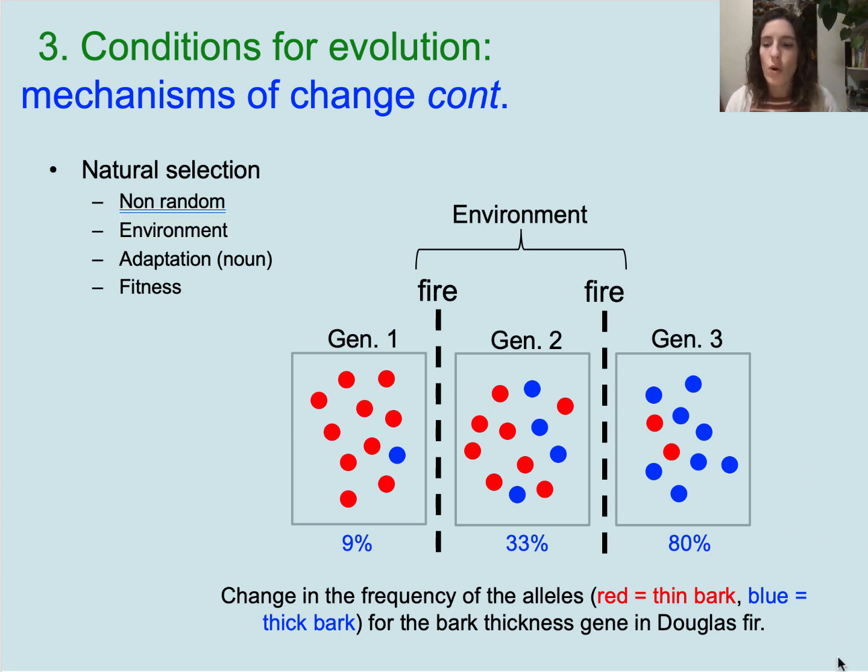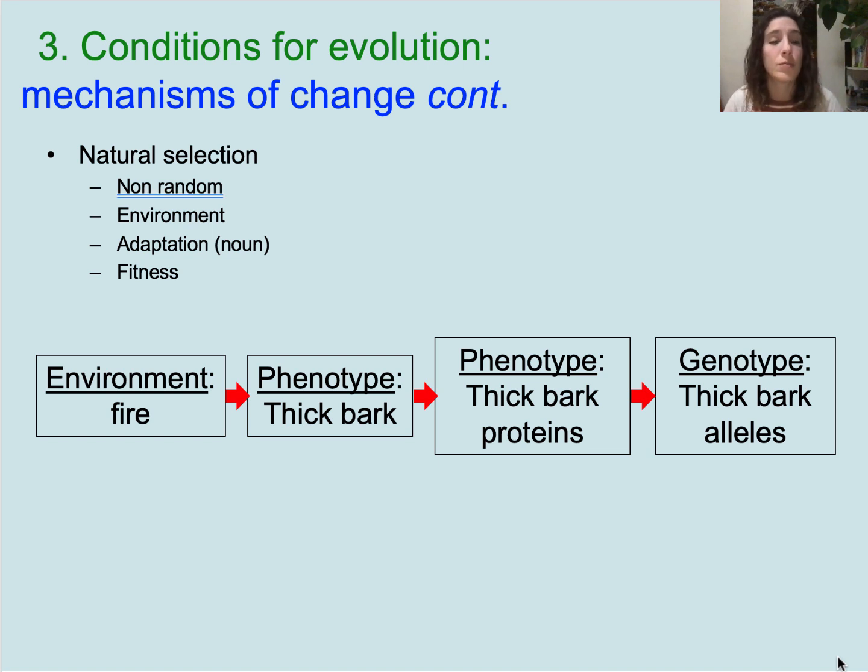All right. Let's talk about some more examples of natural... Oh, sorry. Let me talk about this, to make that connection between the genotype and the phenotype and the environment here. The environment is the fire. That is what the organism is experiencing. Here, the phenotype is that thick bark, or you can think about the phenotype as the proteins that make the thick bark, because those proteins are more directly connected to their genotype.